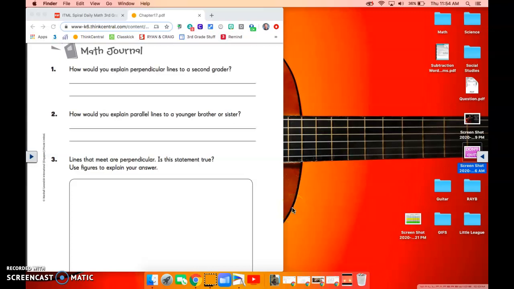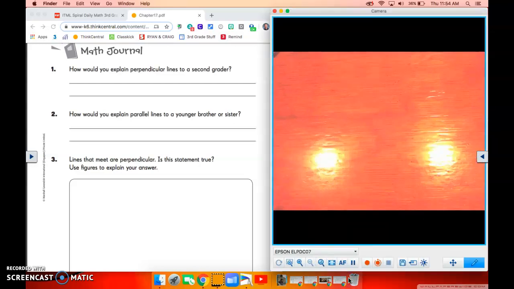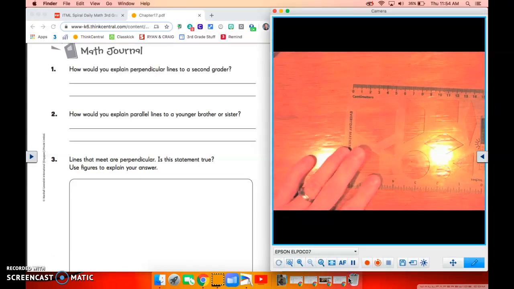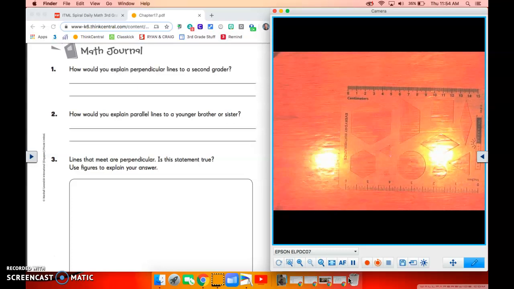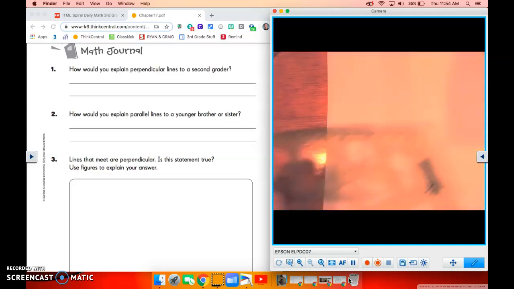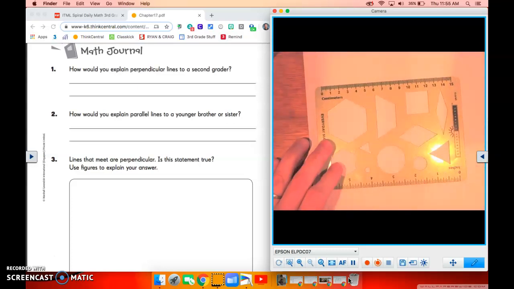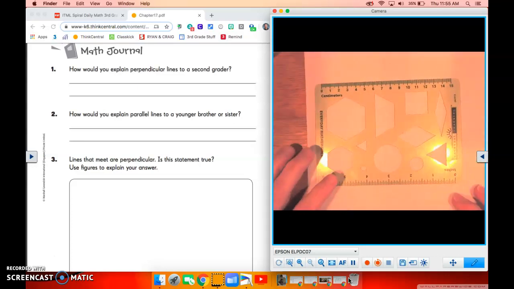So lines that meet are perpendicular. Is this statement true? Yes and no, right? Because when I am looking at these shapes right here, let me put a background on there so you can kind of see the difference. When you see the shapes here, these lines intersect, right?